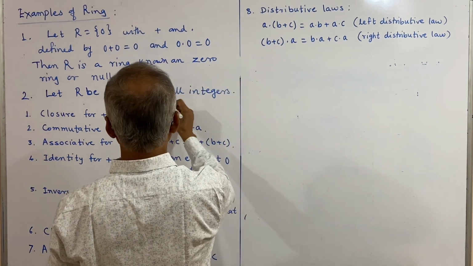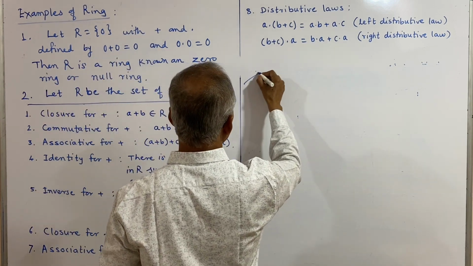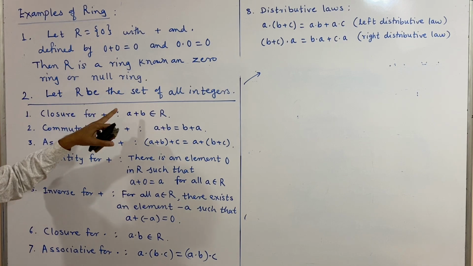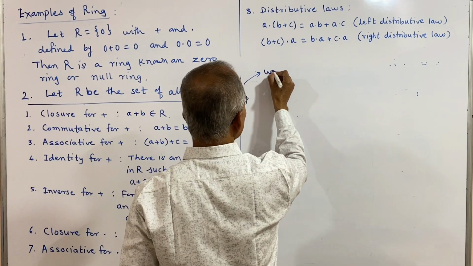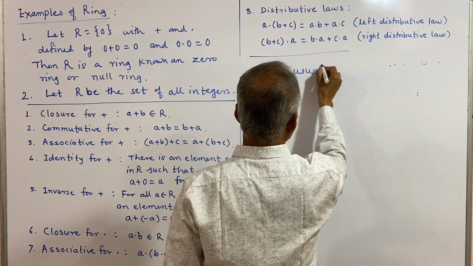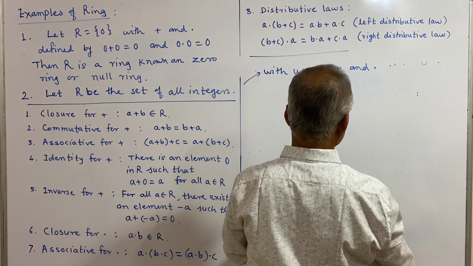Let R be the set of all integers. Then what about this set of integers with usual addition and multiplication, usual plus and dot?